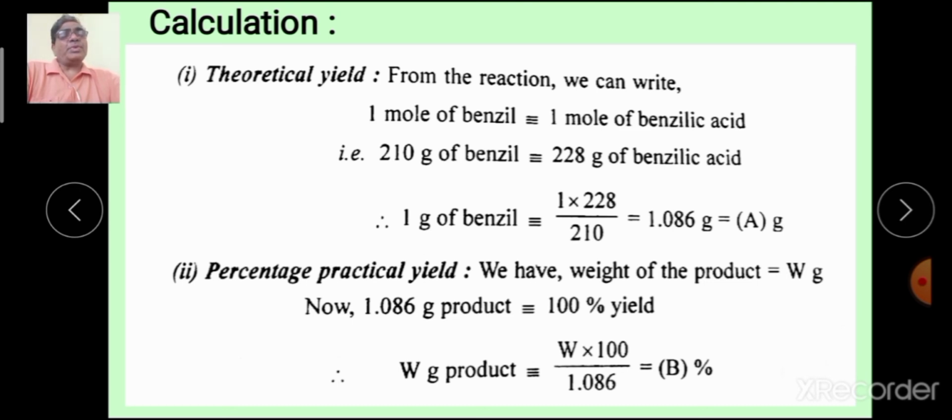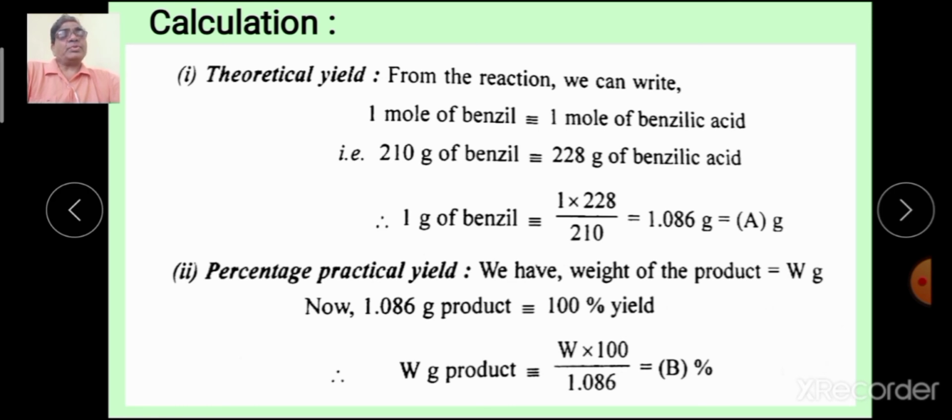Therefore, 1 gram of benzil will be equivalent to 1 into 228 divided by 210, and that value comes to be 1.086 grams. That is the theoretical yield. Therefore, from 1 gram of benzil, the theoretical weight should be 1.086 grams.